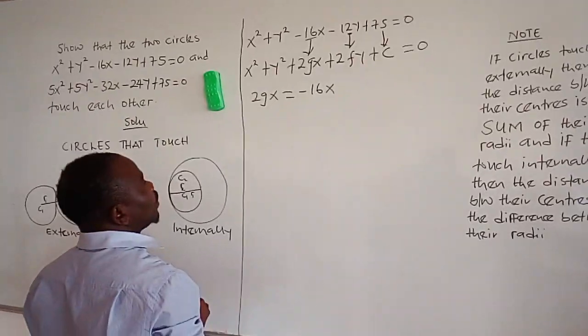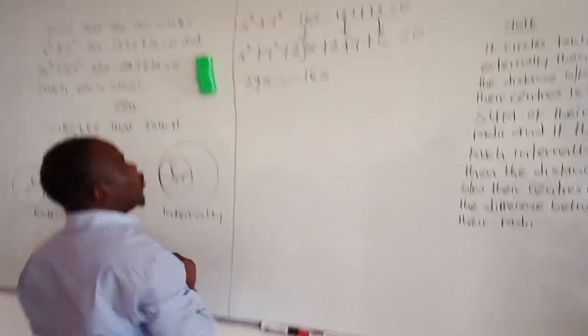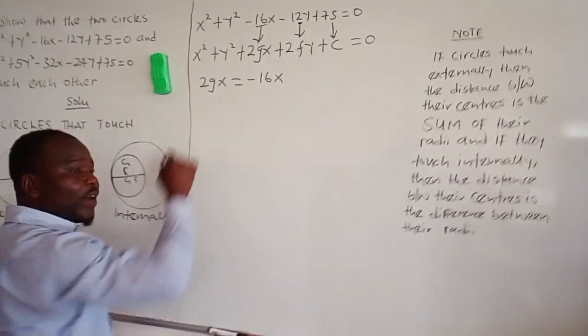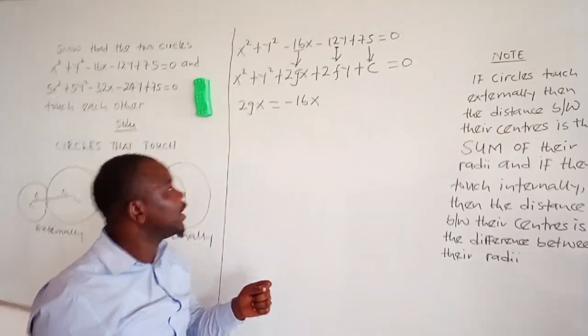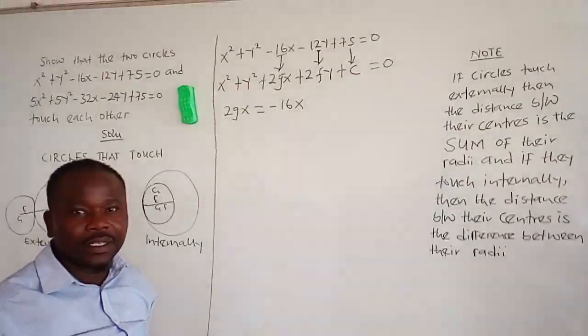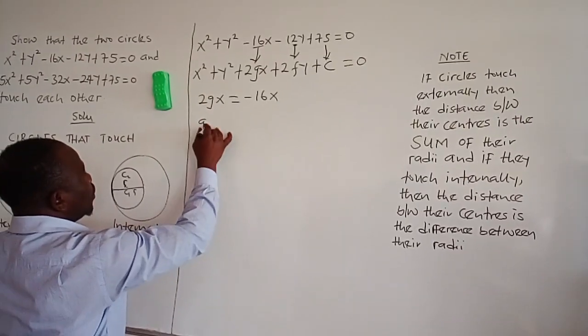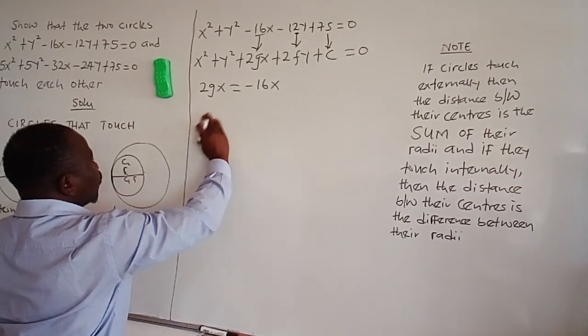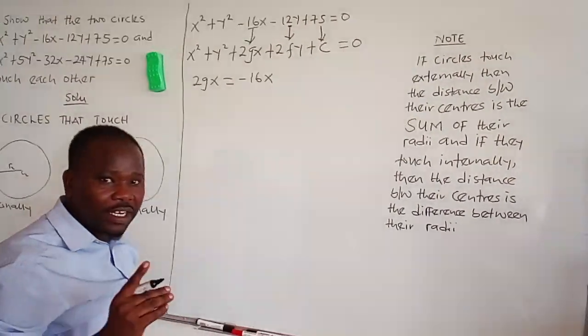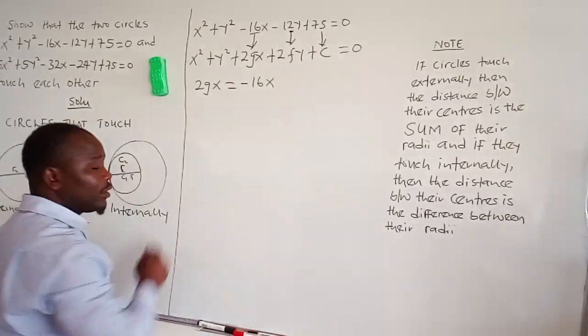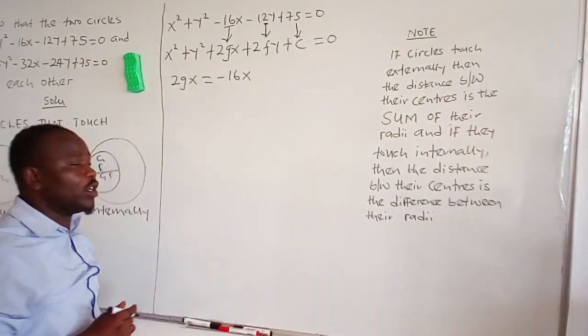So if you agree with me, for us to obtain g, divide through by 2x. Let's do it this way so that they won't be asking unnecessary questions.